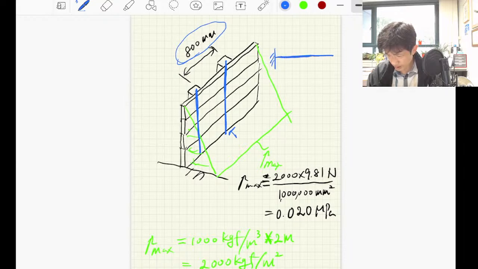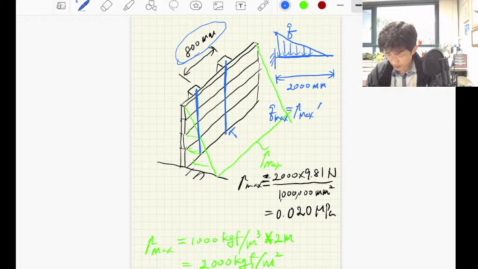So we have a cantilever whose length is 2000 millimeters, and we have a distributed load Q here. How do you calculate Q? Let's try to calculate the maximum Q. Maximum Q is equal to the maximum pressure times this spacing, 800 millimeters.